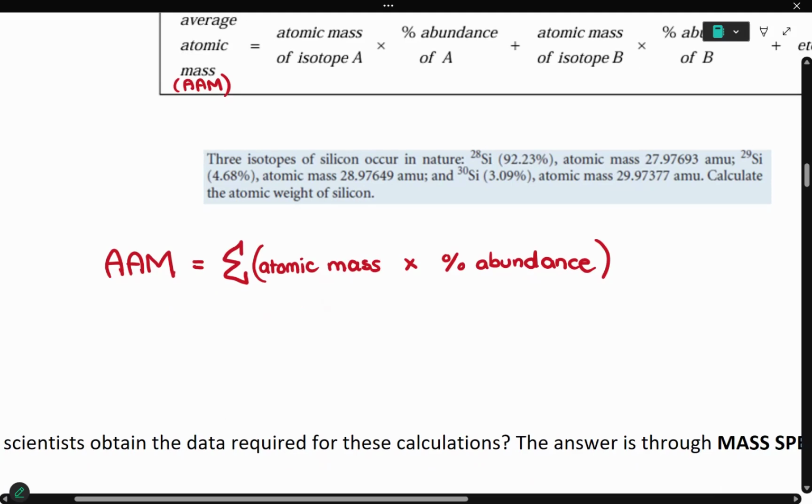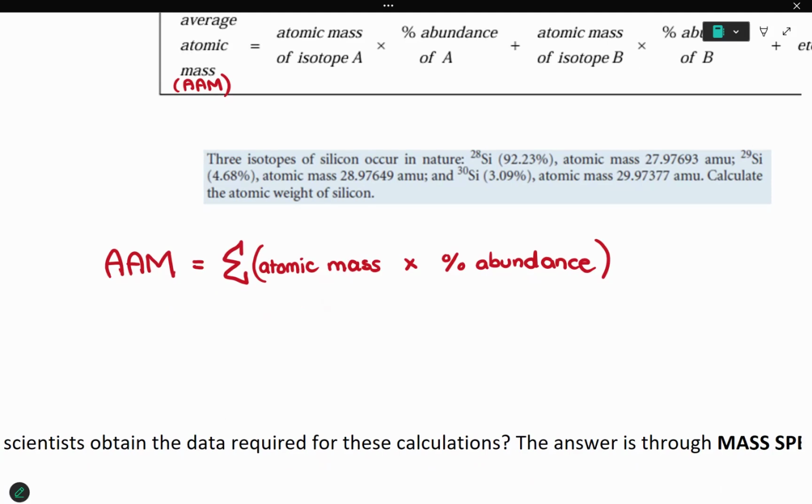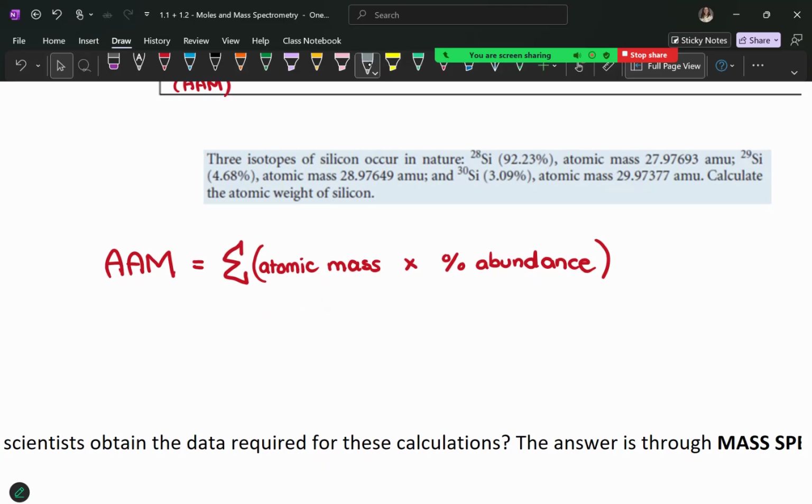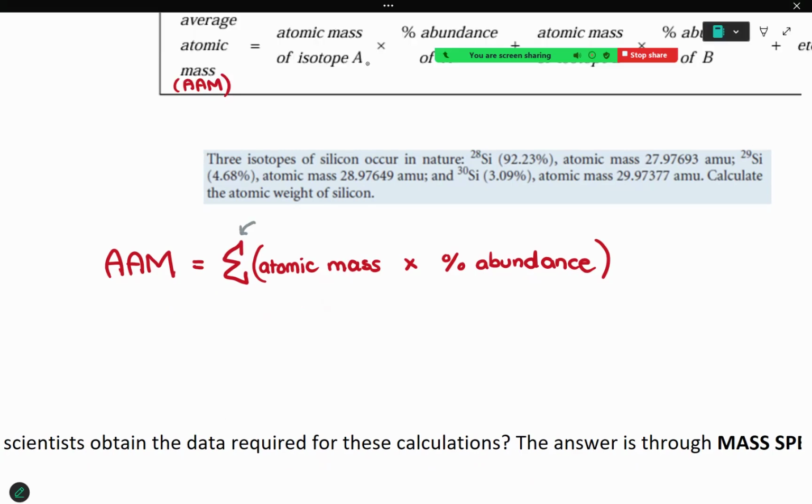So if you have 3 isotopes, you do that 3 times and you add them together. That's what this sum symbol means: add together.